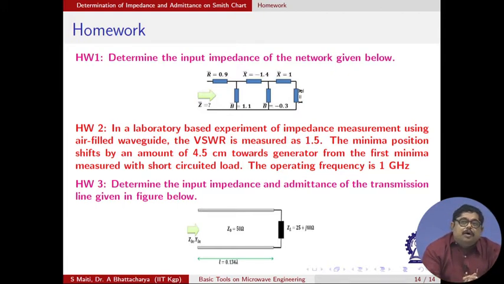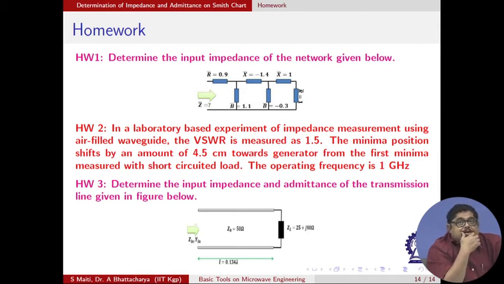So, you convert to admittance, find out what the admittance is, then add this admittance, then again convert to impedance, then add that impedance. Like that you can always come to this point and find out what the input impedance is.